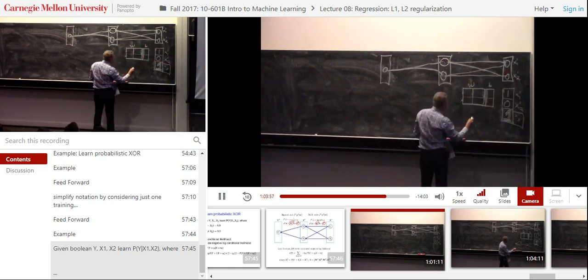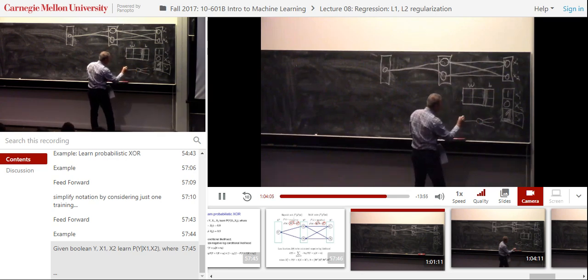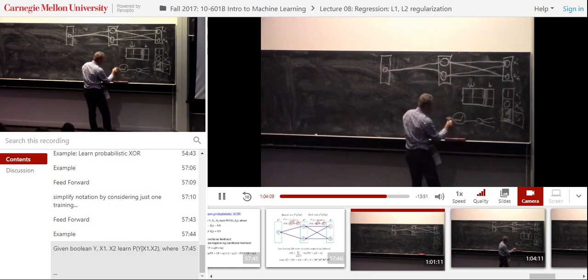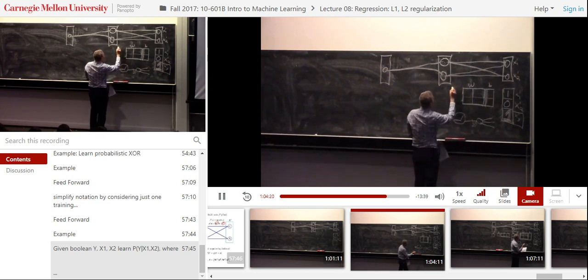For these rectilinear functions, remember, we take some inputs and then we pass it through the rectilinear function and output something. So I'm going to call this G, and I'm going to record what that is.